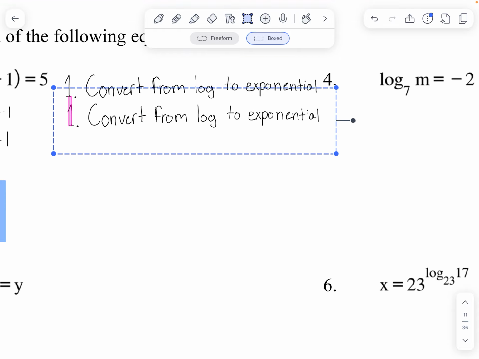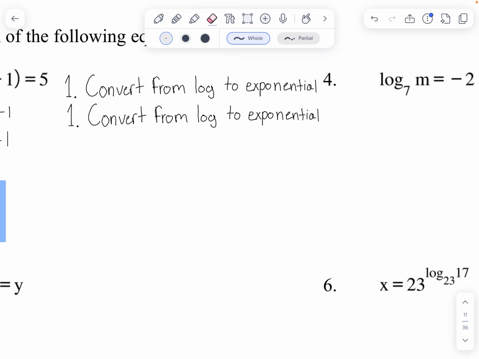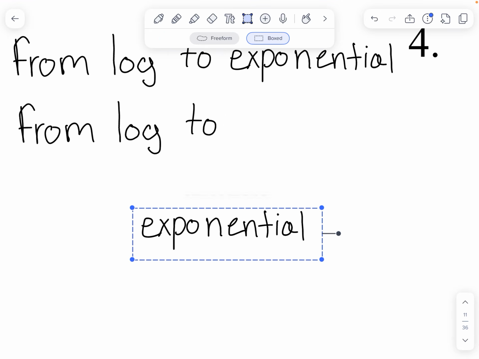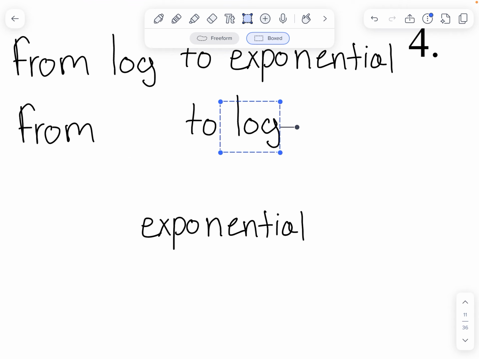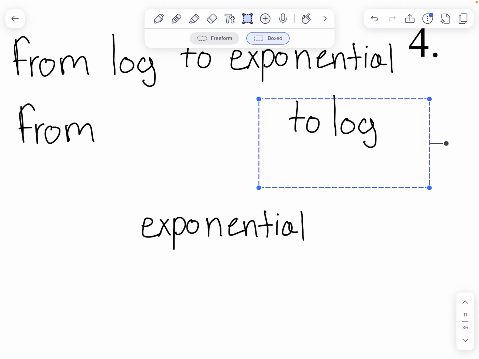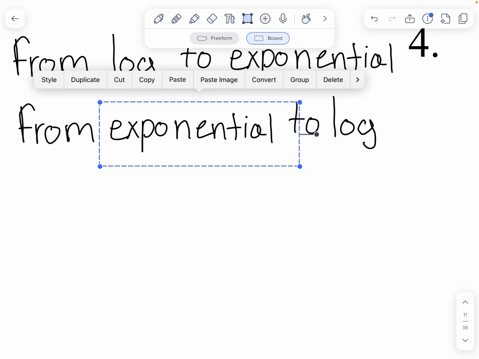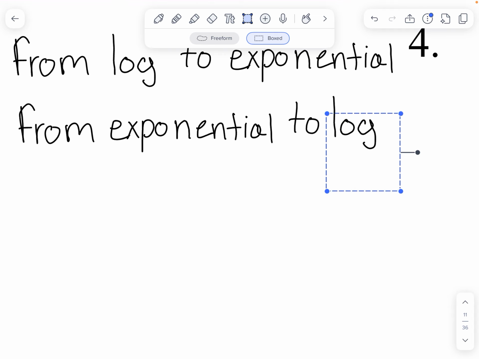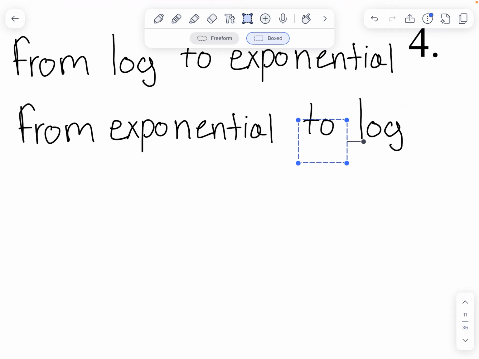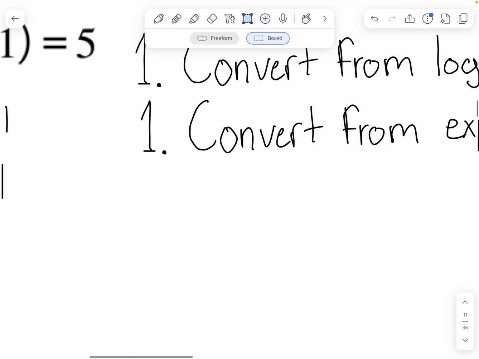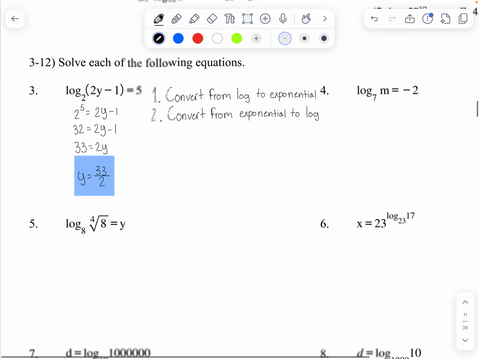And then our second rule is convert from exponential to logarithmic form.